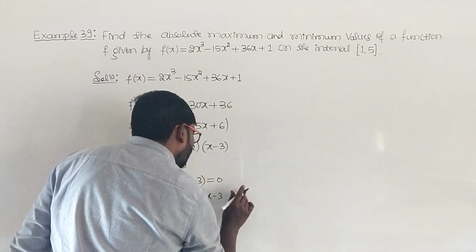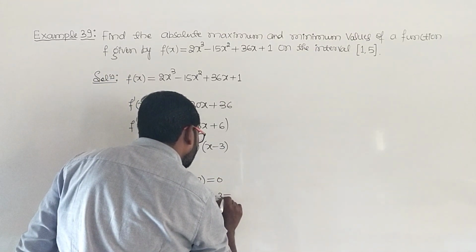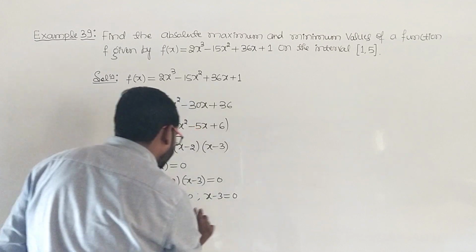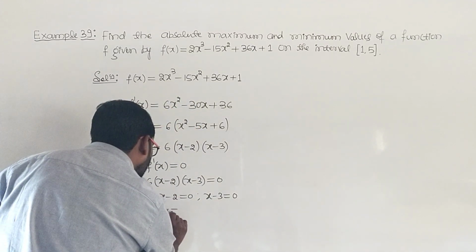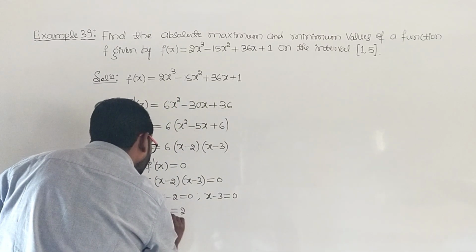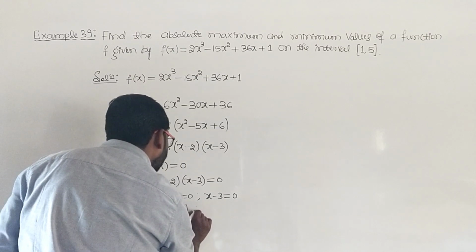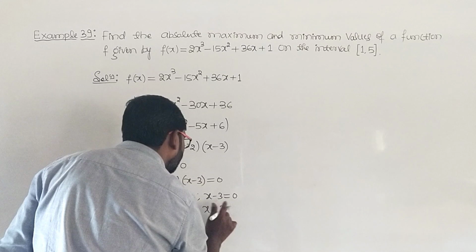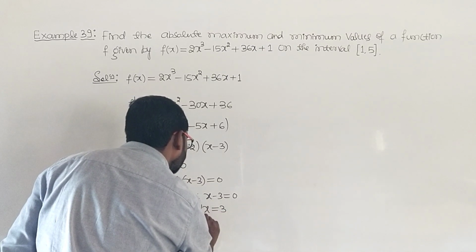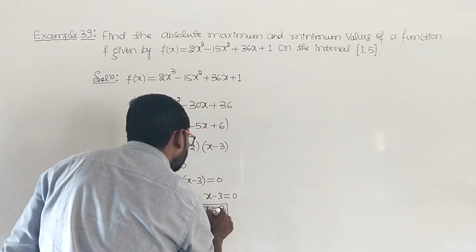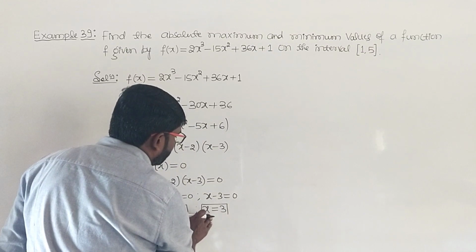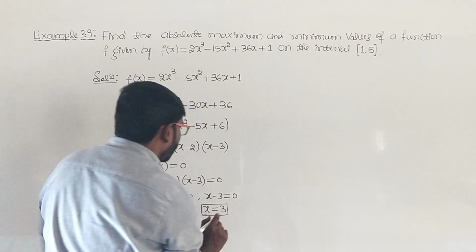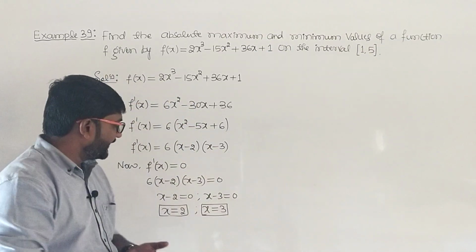So the critical points are x equal to 2 and x equal to 3. We are done with the first step, finding the critical points.